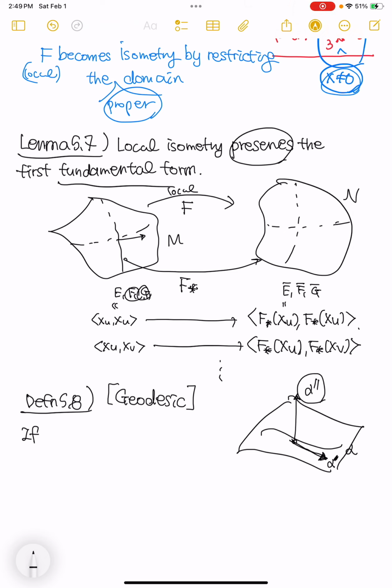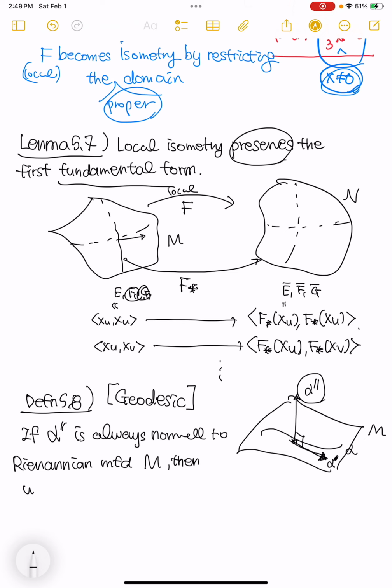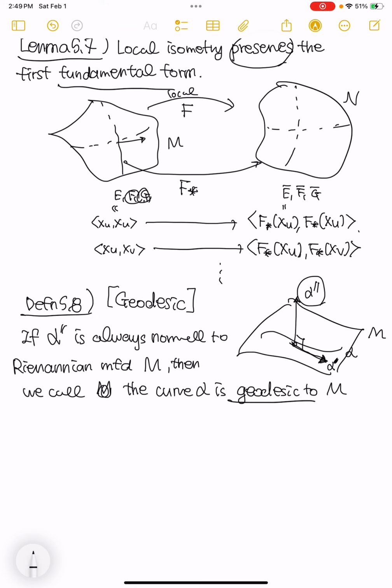In general alpha double prime need not be orthogonal, but if alpha double prime is always normal to the surface manifold M, then we call the curve alpha a geodesic to M. For example, the easiest example is that the shortest path in the plane is a line.